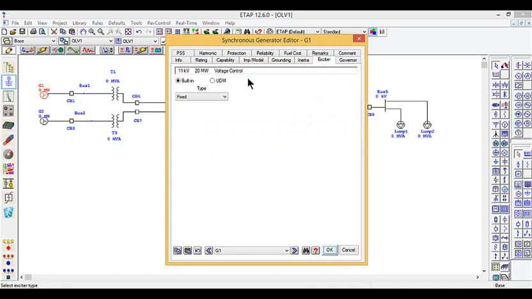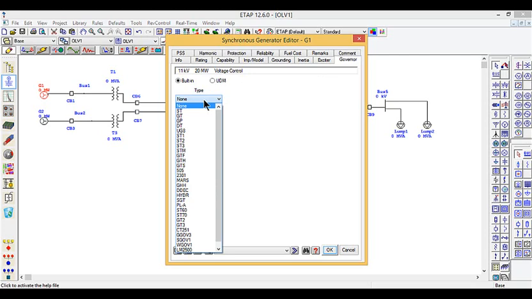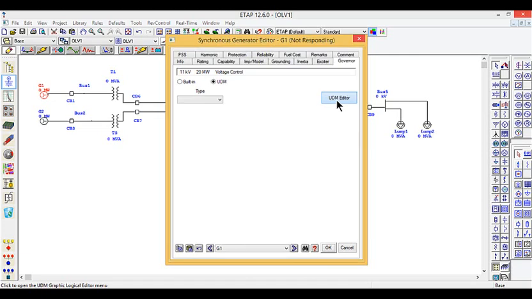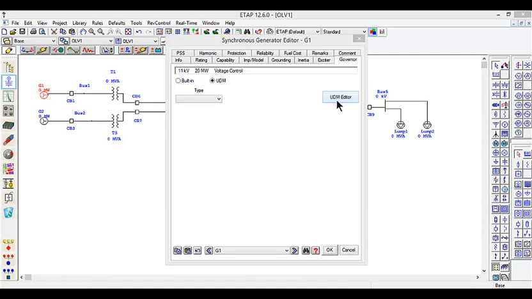Next is exciter. Now there are different exciter types that are available, and same is the case for governor. And if I want to define a governor of my choice, then we just go into UDM editor, and it will open a control systems tab from where we can edit the governor and exciter settings.